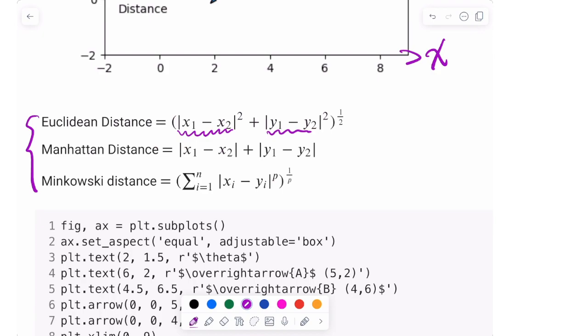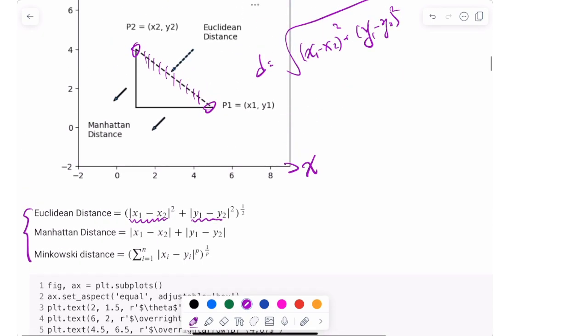Here is another distance function called Manhattan distance. That means you walk along the x-axis and then walk along the y-axis, so the length of the blue lines is the Manhattan distance. It's simply adding the distances here.